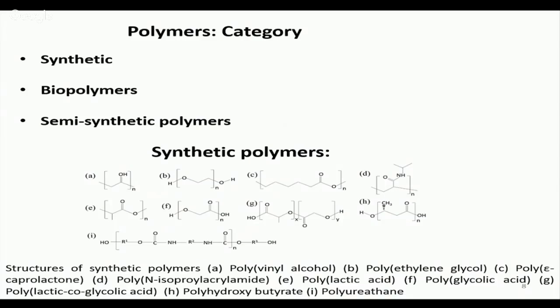Whole body is made of biopolymers other than minerals, isn't it? Collagen, as I said yesterday, there are 29 types of collagen. Just recently they have discovered one more. So 29, it was 28. So 29 types of collagen. So all are biopolymers. Hyaluronic acid, biopolymer. GAGs, glycosaminoglycans, biopolymers.